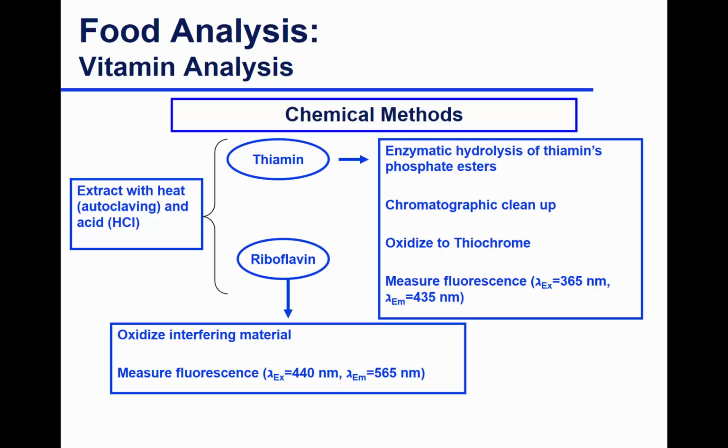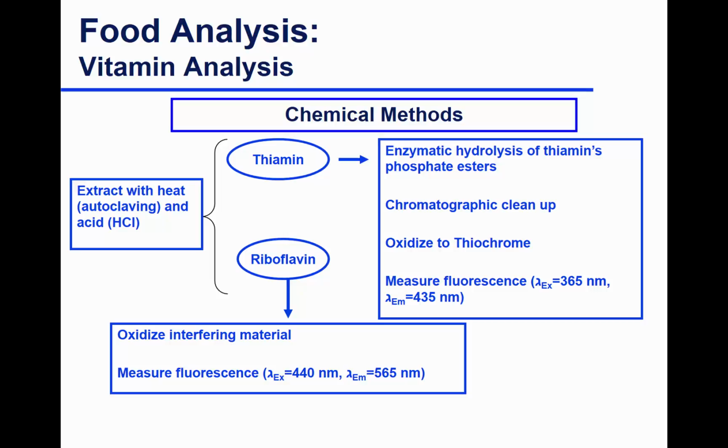And then you oxidize thiamine to thiochrome. Thiochrome is very prone to light degradation. So once you perform the oxidation step, you want to make sure that the reaction is carried out under subdued light. And then you measure the fluorescence of the thiochrome, with the excitation and the emission wavelength.